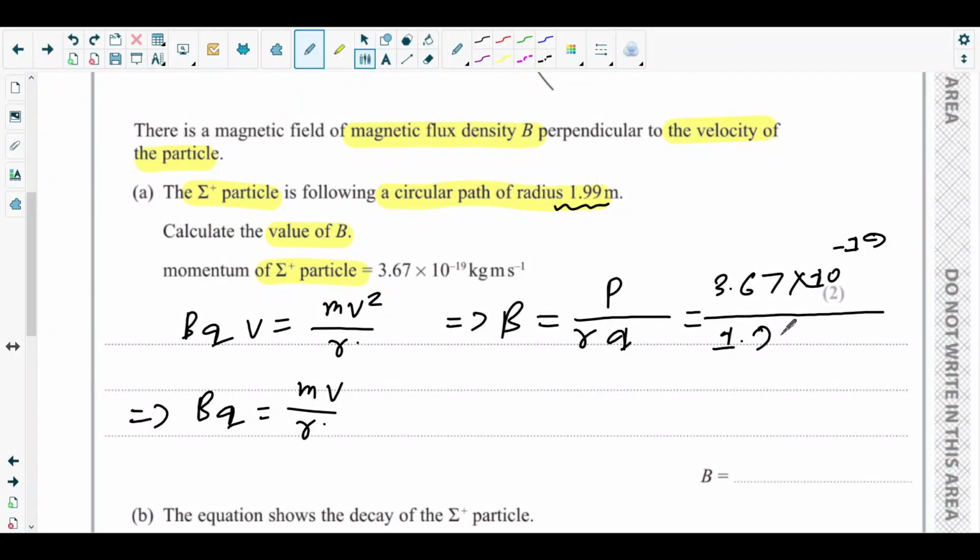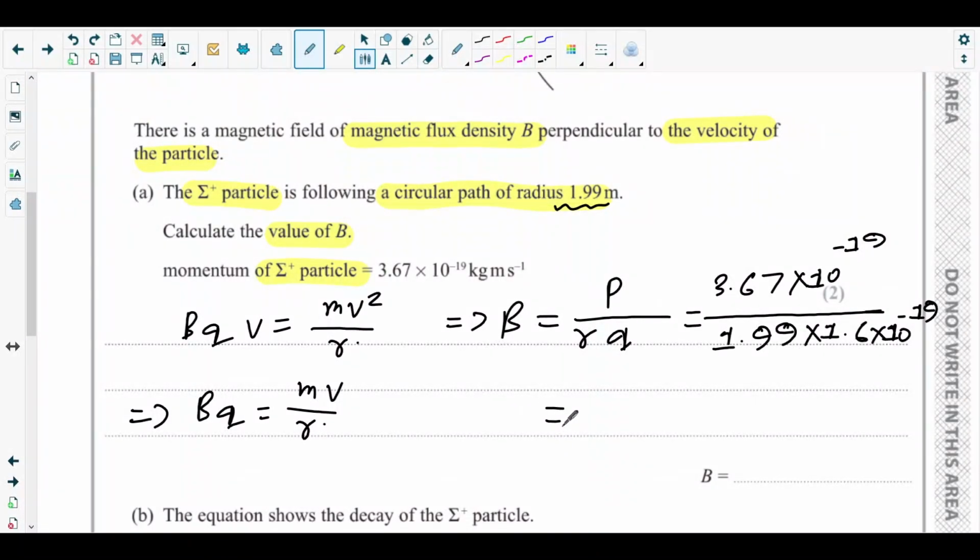And the charge of omega plus particle is the same as that of an electron, that is 1.6 times 10 to the power minus 19 coulomb.